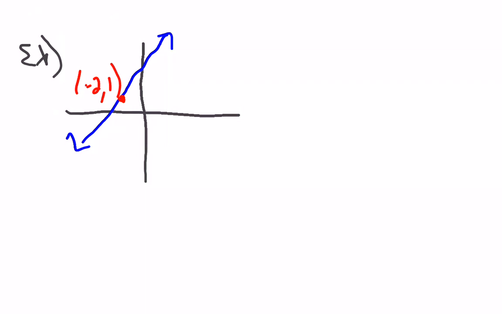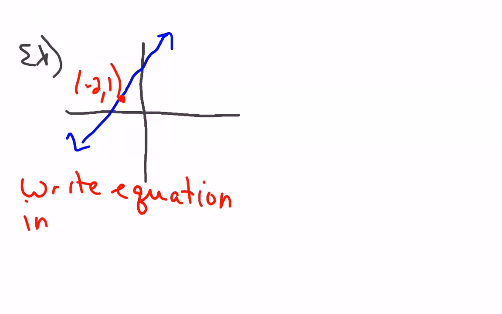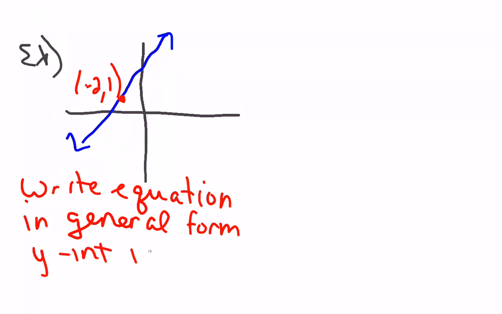In this case, they tell us to write the equation of the line in general form, where the y-intercept is 7. Okay.